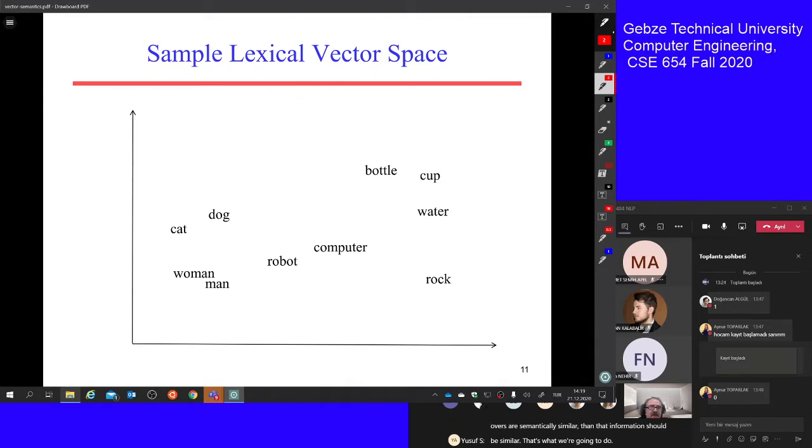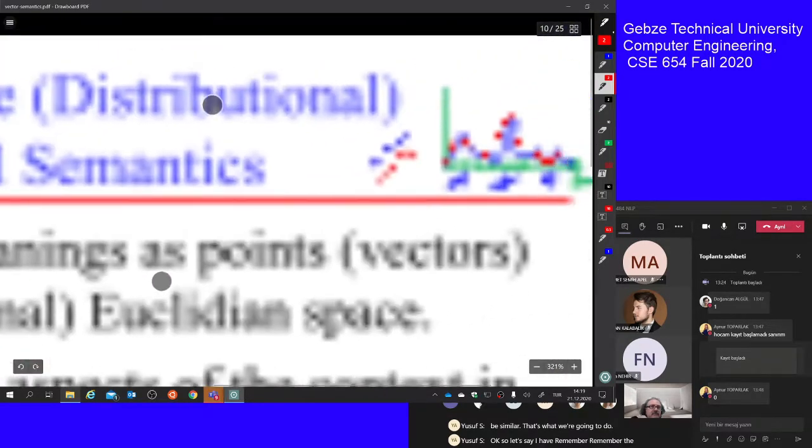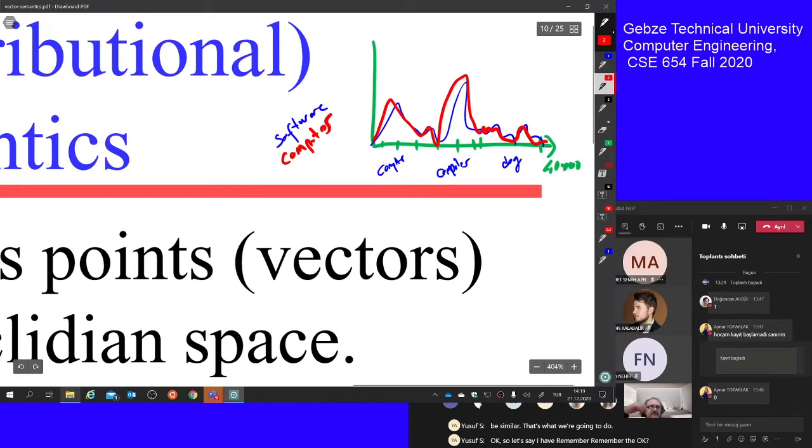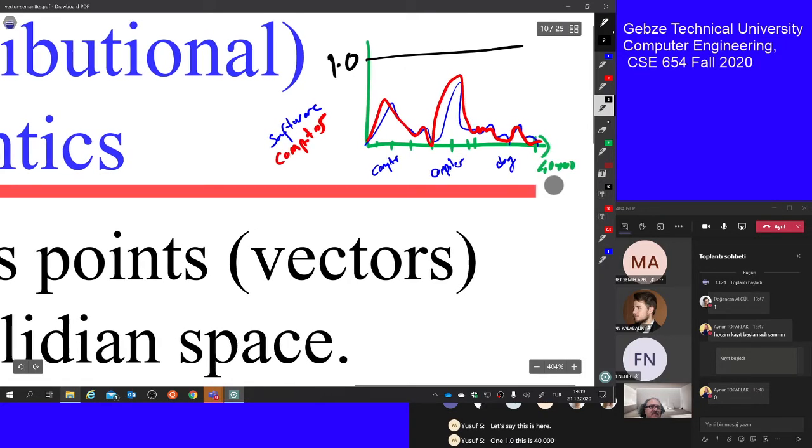Okay, so let's say I have, remember, this is here 1.0. This is a 40,000 dimensional vector.